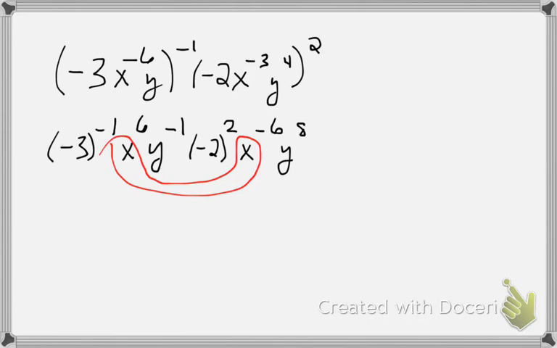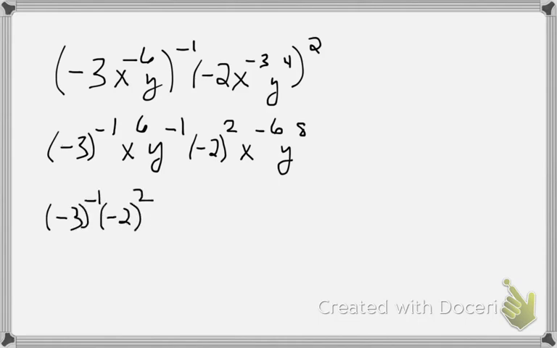And isn't that all multiplication? So what happens when you multiply like bases? We're going to add the exponents. So I've got -3 to the -1. I've got -2 squared, because we couldn't do anything with those. And then I wind up with x to the 0.